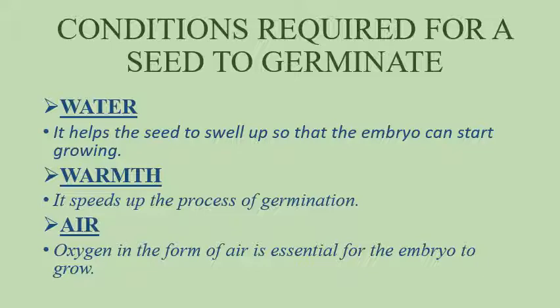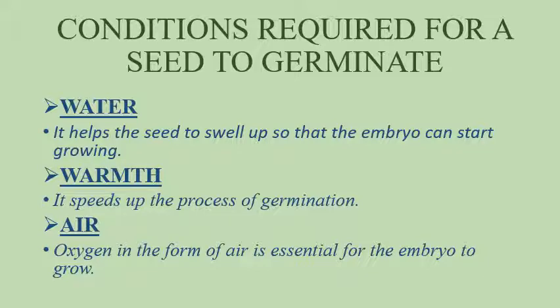Second is warmth. The warmth that the seed needs for germination is received from the sunlight. Warmth is going to speed up the process of germination. And the third condition required for the germination of a seed is air. Oxygen from the air is essential for the embryo to grow.